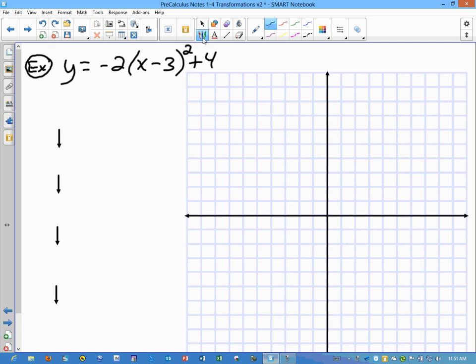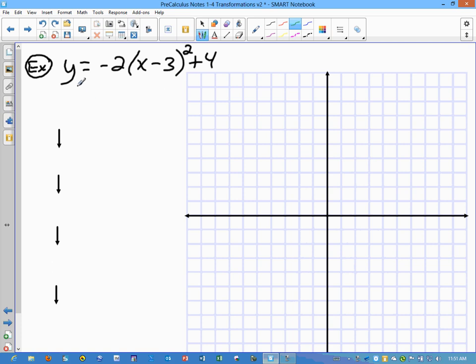So here I'm looking at, and it's going to be green, although you can do them in any order, I believe a good way to graph parabolas is to first find the vertex and then determine the shape and whether it opens up or down.